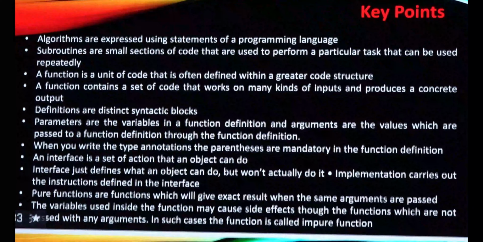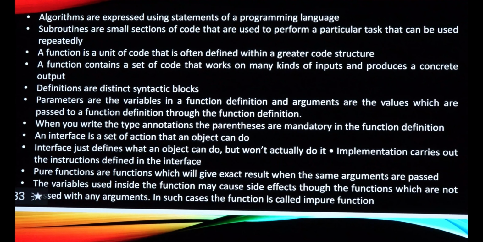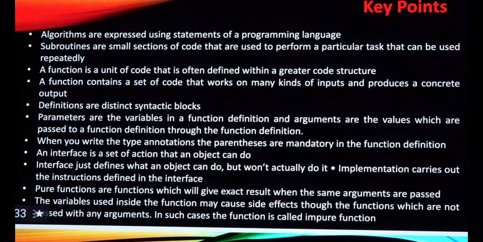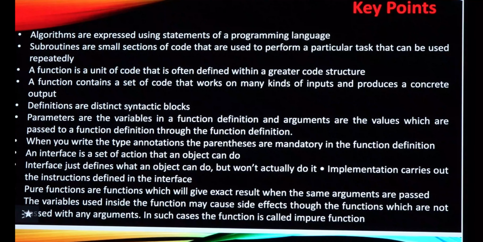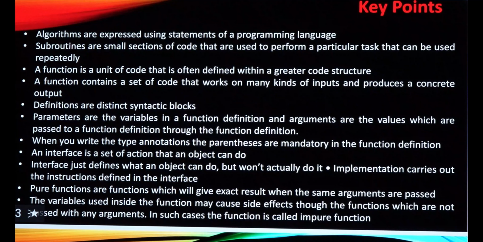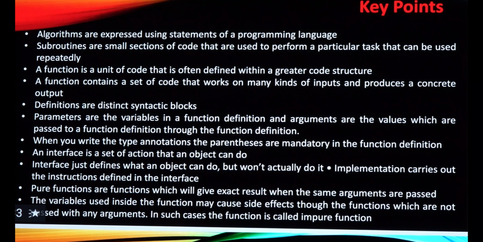Now this is a key point of an algorithm. Algorithms are expressed using statements of a programming language. Subroutines are small sections of code that are used to perform a particular task and can be used repeatedly. A function is a unit of code that is often defined within a greater code structure.